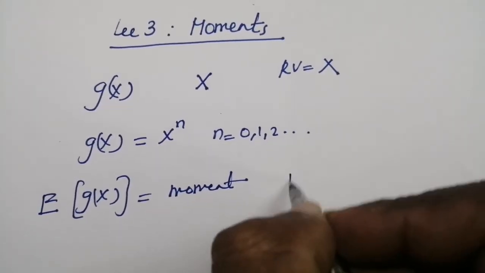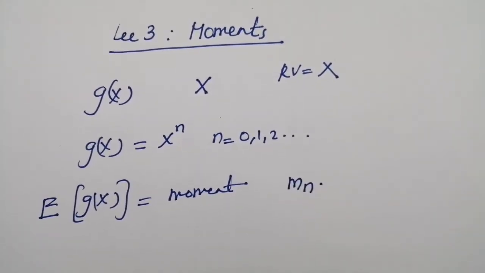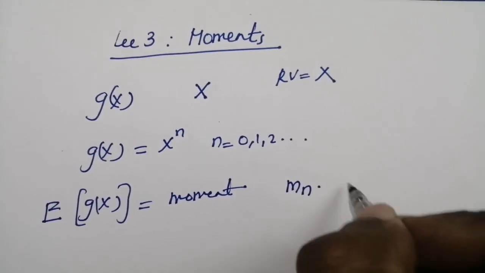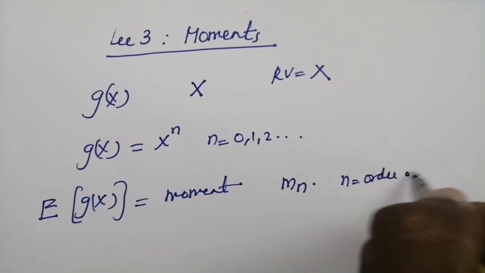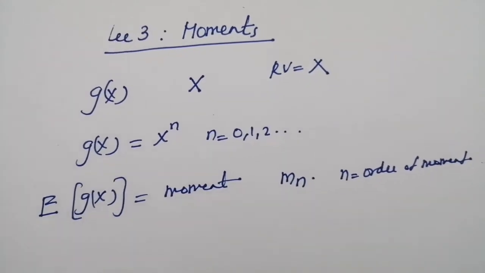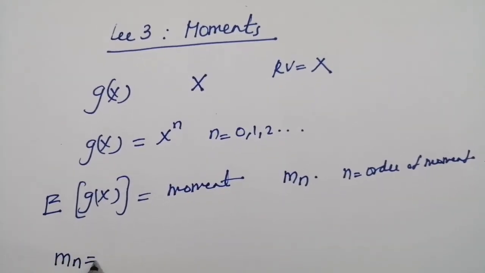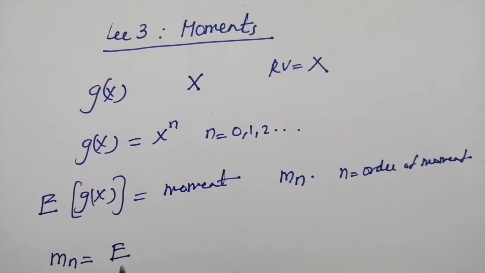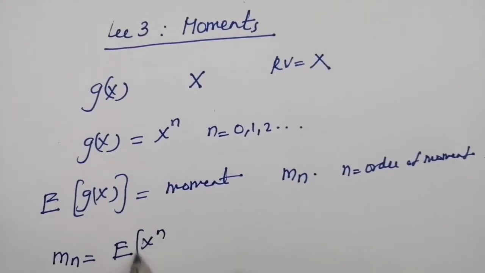It is represented as m_n, where n is the order of the moment. So m_n equals the expectation of x raised to n.